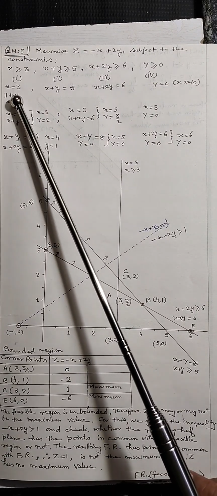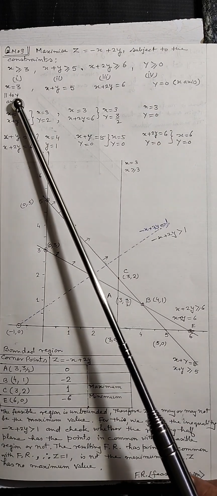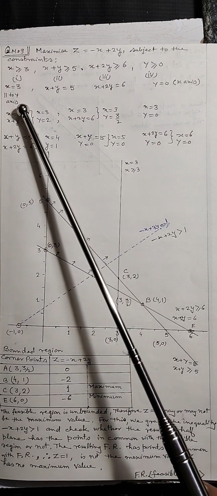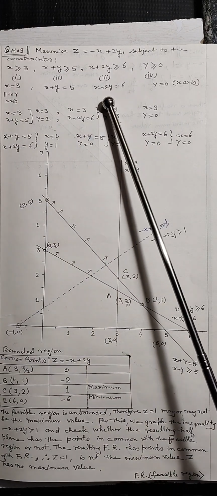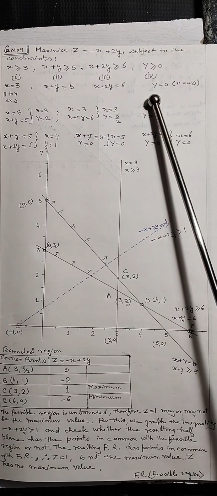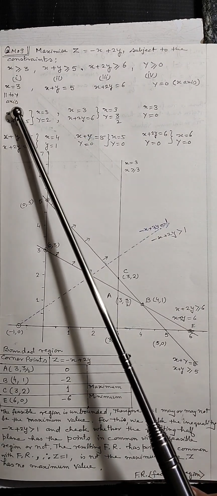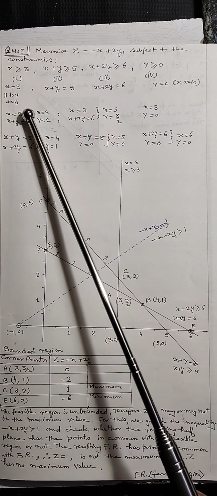Taking them one by one, here I have taken x equal to 3. We are going to draw the lines x plus y equal to 5, x plus 2y equal to 6, y equal to 0, that is the x-axis. Here x equal to 3 will be parallel to the y-axis.